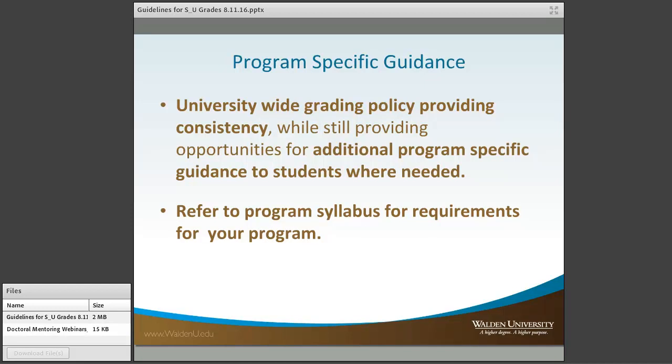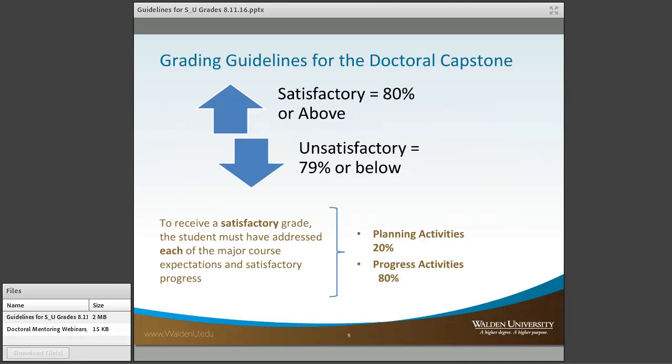As I was saying, even though we have a university-wide policy, some programs have gone a little farther and provided even more specifics within that 80 and 20%. So be sure and have your faculty refer to the program syllabus for specific requirements for your program.